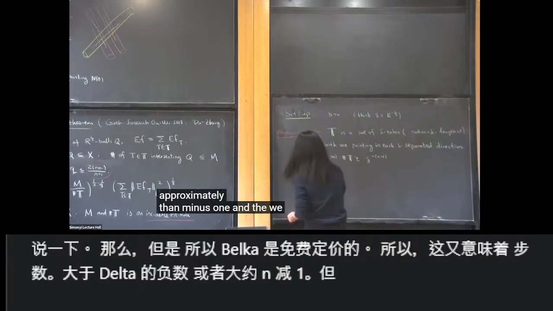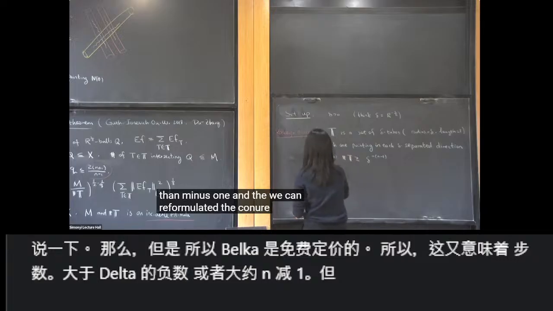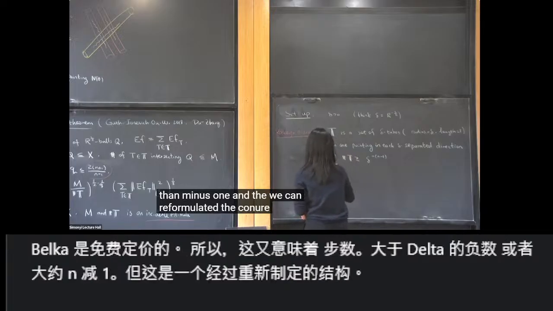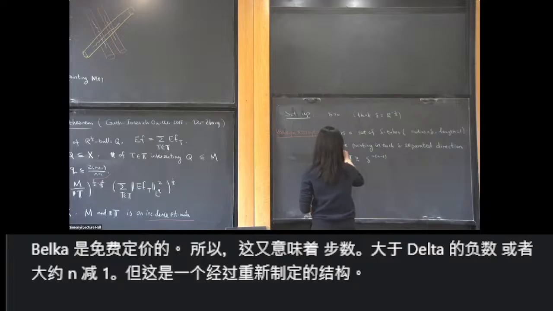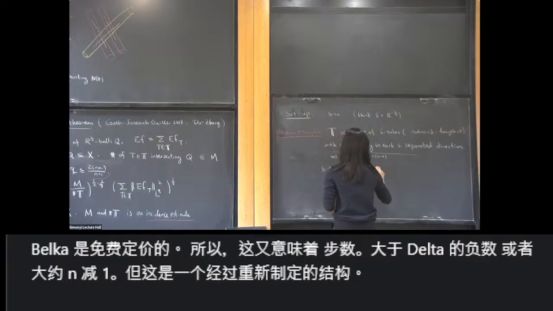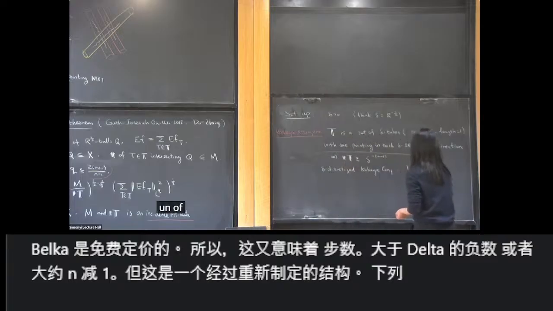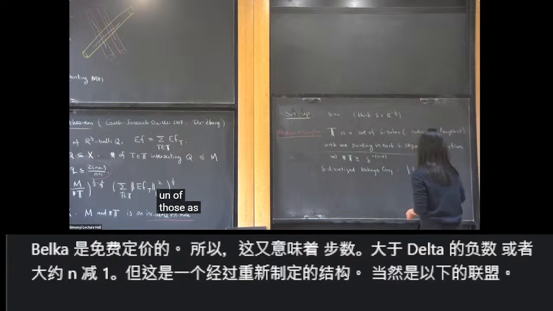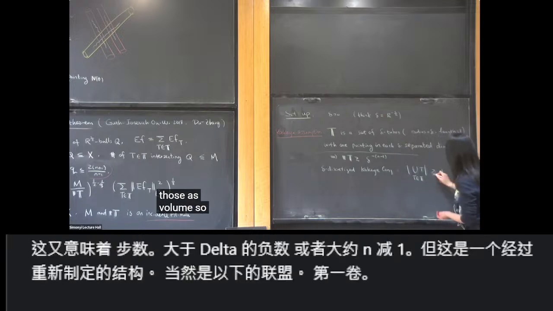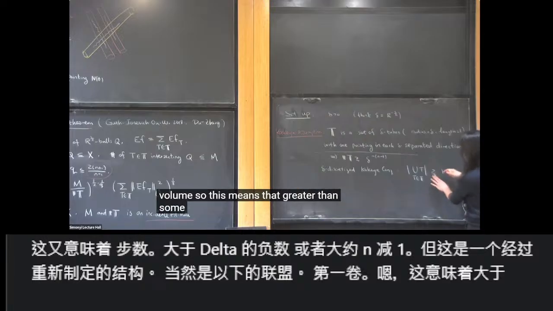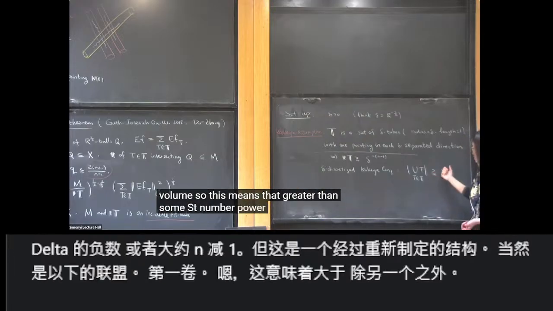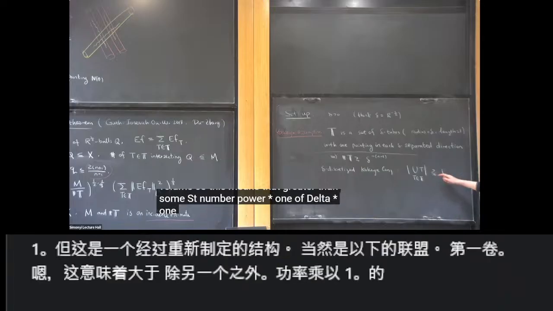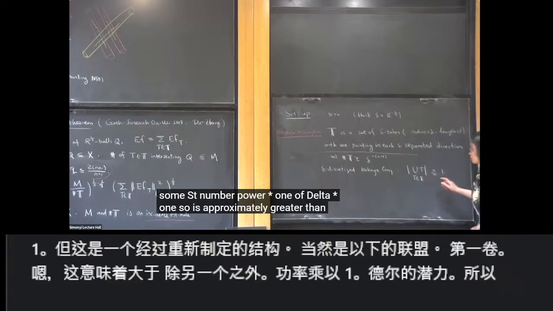And we can reformulate the Kakeya conjecture as the following: the union of those tubes has volume greater than some subpolynomial power of delta, so it's approximately greater than 1.